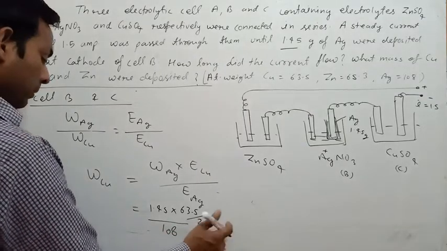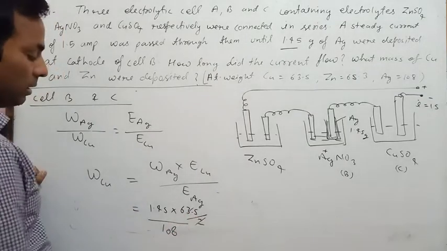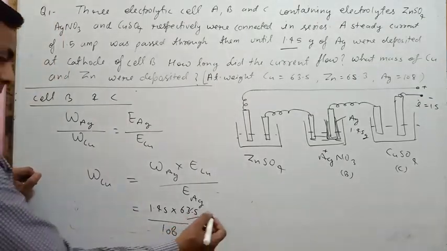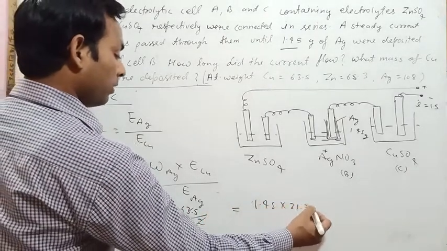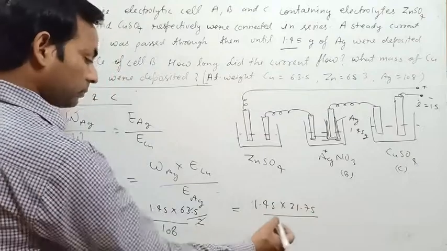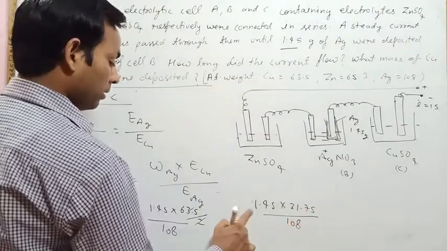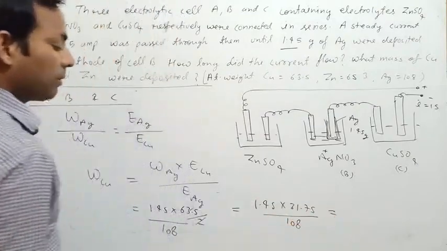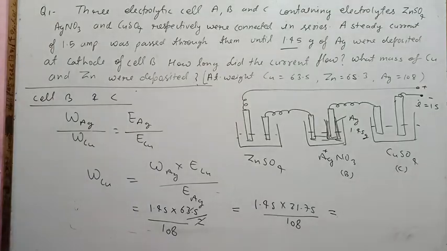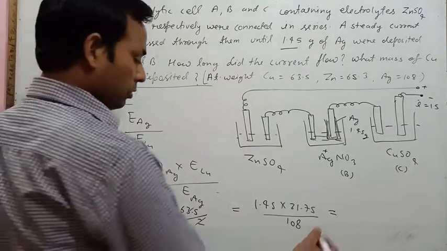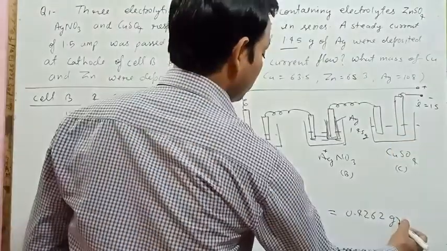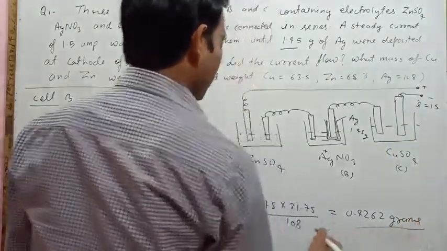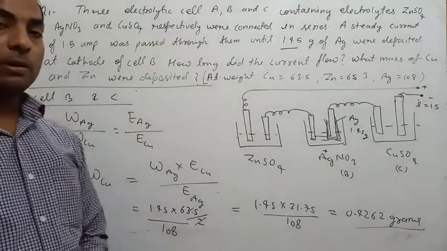After dividing, we get 31.75. So 1.45 into 31.75 upon 108. After multiplying and dividing, the answer is 0.4262 gram. So this is the mass of copper.